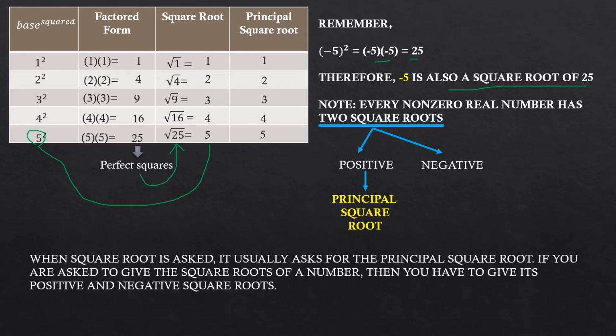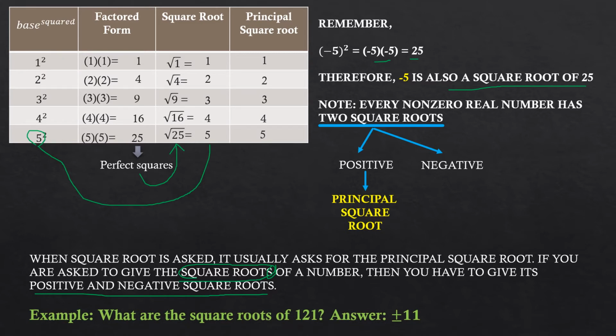When the square root is asked, it usually asks for the principal square root. If you are asked to give the square roots, which is in plural form, we have here the s. This means that you have to give its positive and negative square roots. For example, what are the square roots of 121?